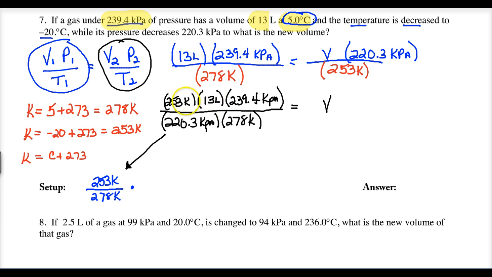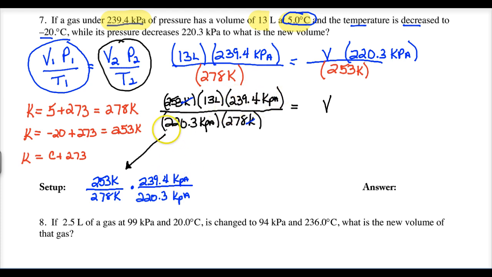Okay, so my kelvins are gone. Now I'm going to do my pressure over pressure, kilopascals. So that's 239.4 kPa, which is already on top. It goes over 220.3 kPa on the bottom, which is already on the bottom. Notice I'm taking the number that's already in the numerator on top, and I'm just transferring it to the top.